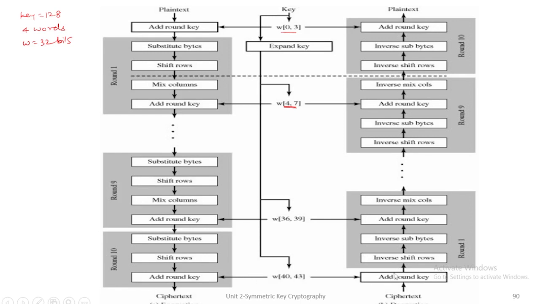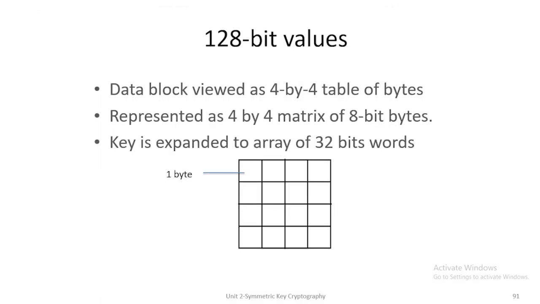Instead of shifting, in decryption, inverse shifting is available. Instead of substitution, inverse substitution is there. Instead of mix column, the inverse mix column operation is performed. So it is not the same as the encryption procedure, so AES does not follow the Feistel cipher structure notation.